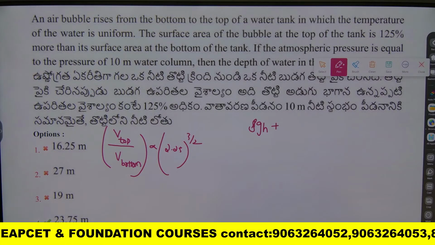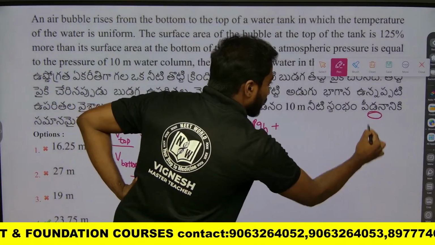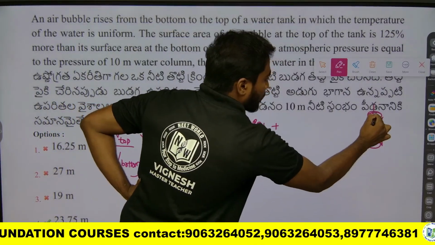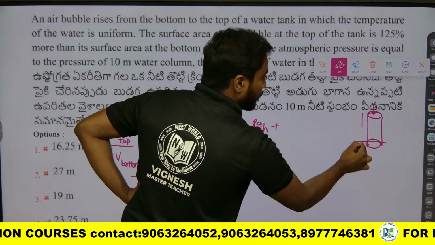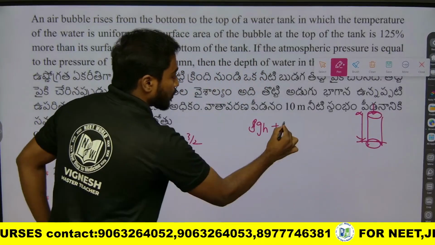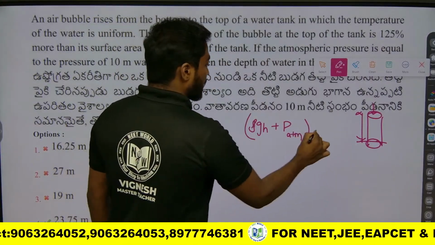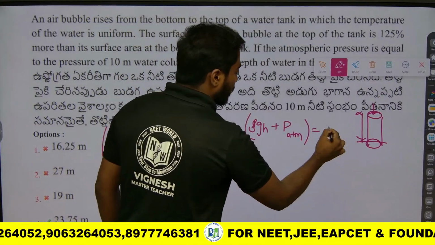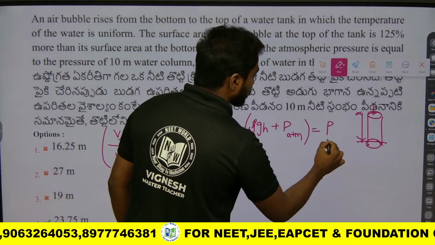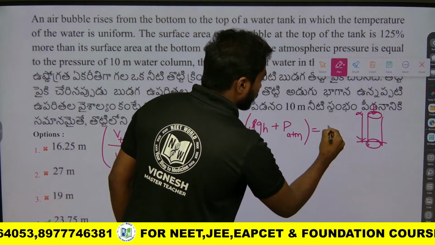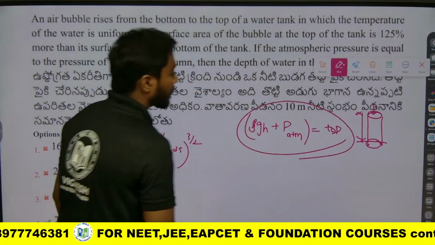If I take this, this is the tank, atmospheric pressure will be there at the top, and at the bottom it is rho g h plus atmospheric pressure. This is the equation.